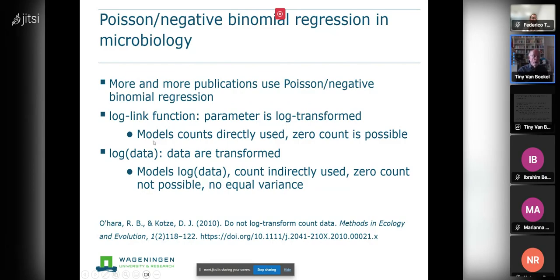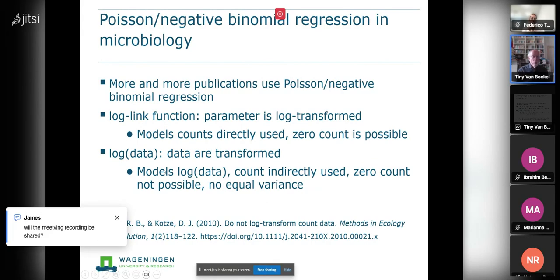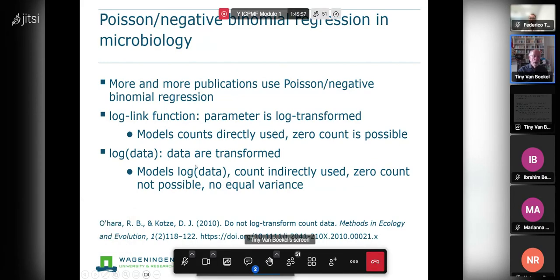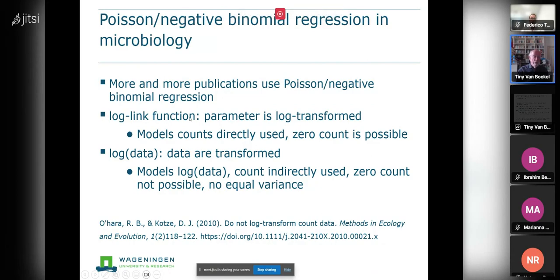And you can also wonder why not take the logarithm of the data as we usually do in microbiology. Well, the difference here is that if you take the logarithm of the data, you are transforming the data. If you use this log-link function, you are not transforming the data, you're only transforming the parameter. And that is in principle better because you use the counts directly.